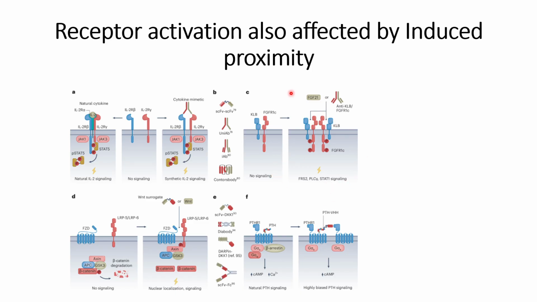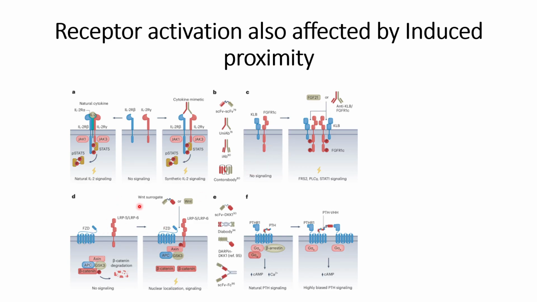This is how the geometry of the interactions is sometimes important. Even though the receptors are in close proximity, they won't trigger the downstream signaling because the geometrical interaction is not enough to cause the intracellular changes.